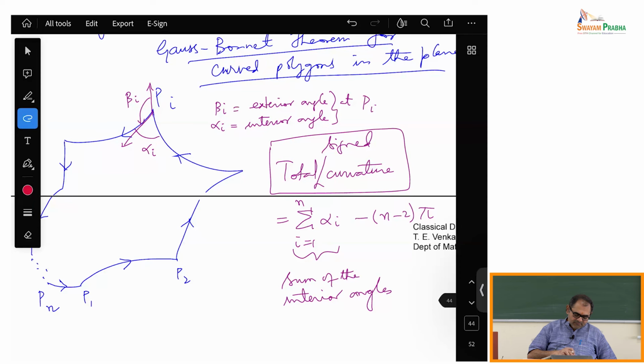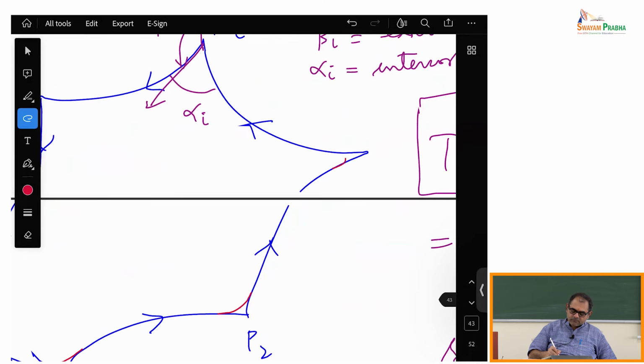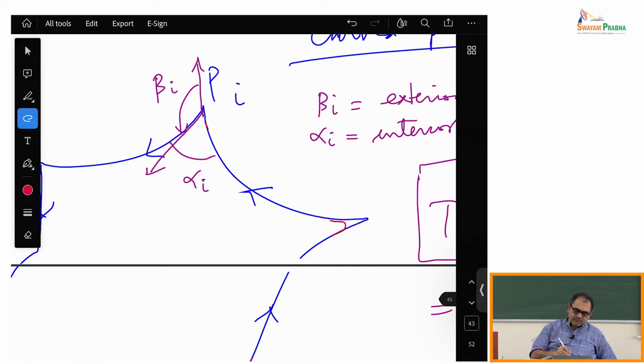And the way to prove this is you can deduce it from the Hopf-Umlauf-Sachs by smoothing out at every vertex. So you construct another curve for which you can apply the Hopf-Umlauf-Sachs, and at each of these vertices, you just smooth it out like this, okay, and here also you smooth it out, and you keep doing this.